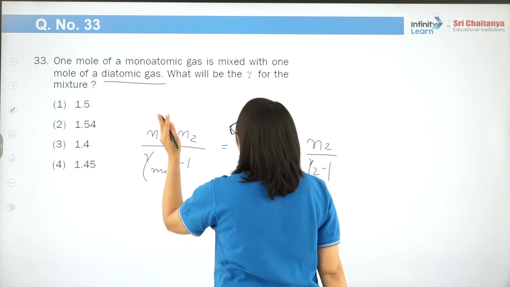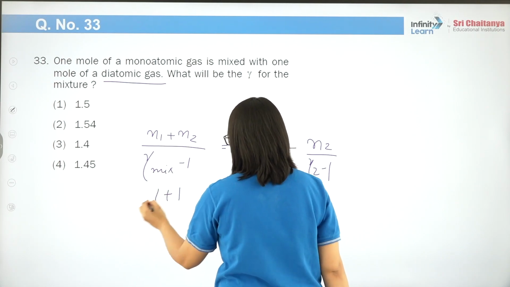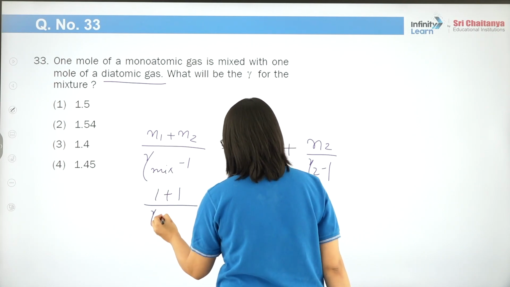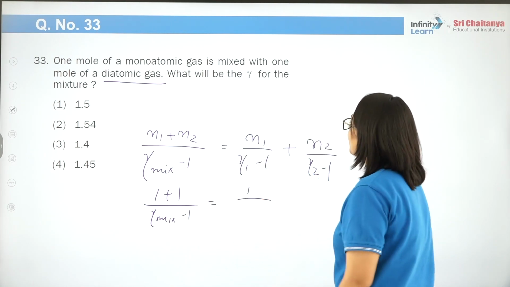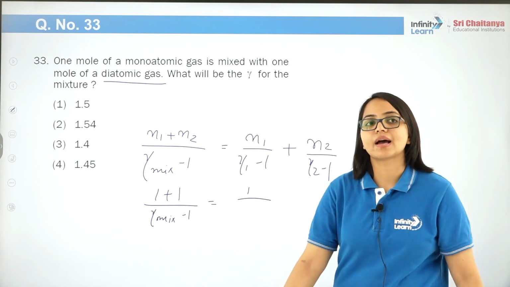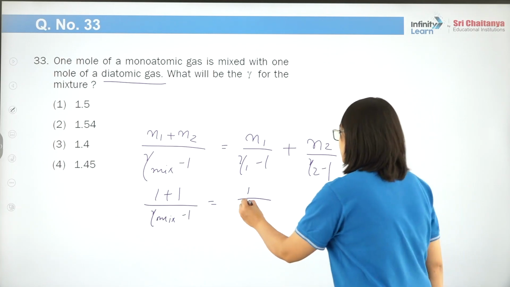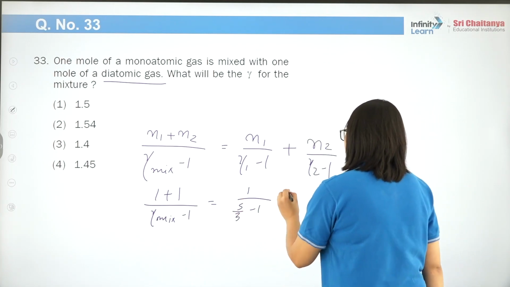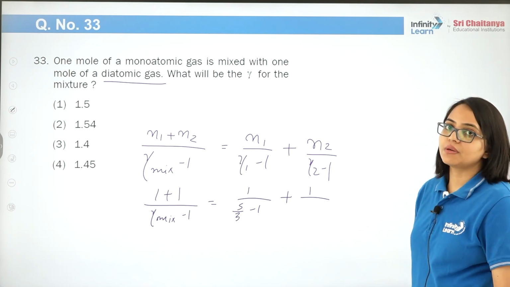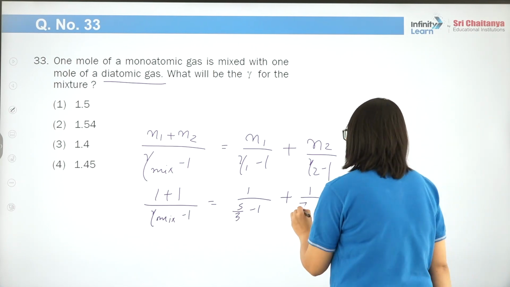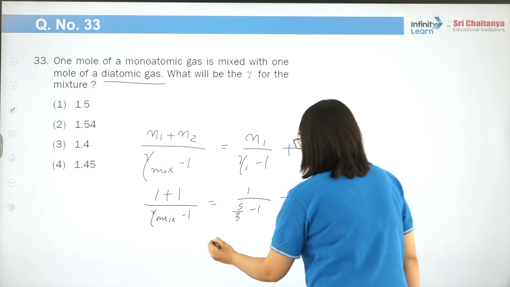n1 and n2, 1 mole each, so it is 1 plus 1, gamma mixture I do not know, minus 1, is equal to n1 is 1 divided by gamma 1 for monoatomic gas, it is 5 upon 3, minus 1, plus n2 is 1, gamma 2 for diatomic gas, it is 7 upon 5, right, minus 1. Let us solve it.